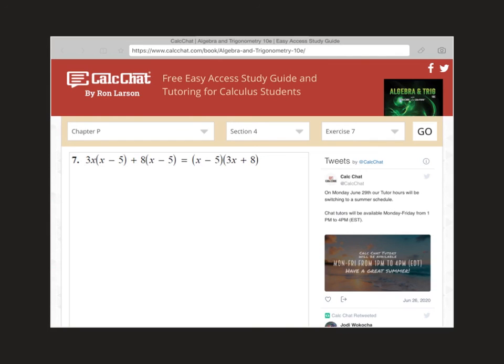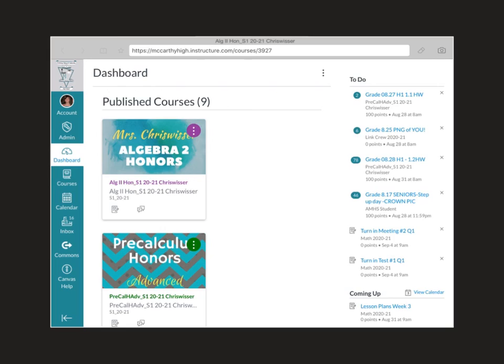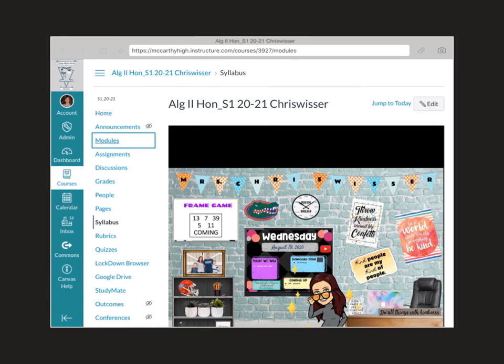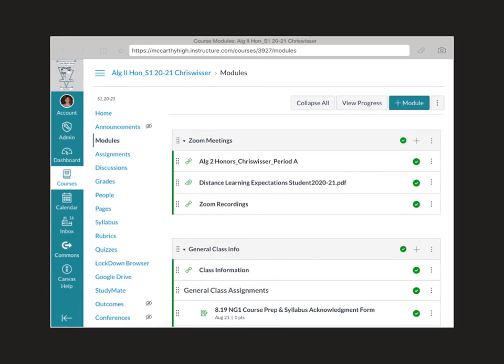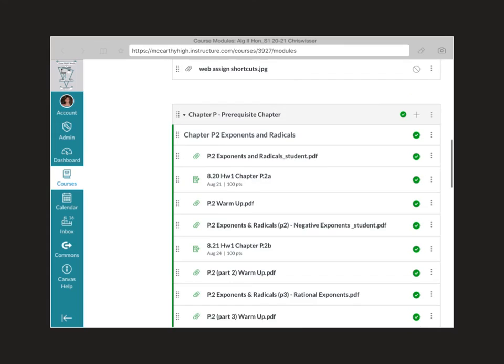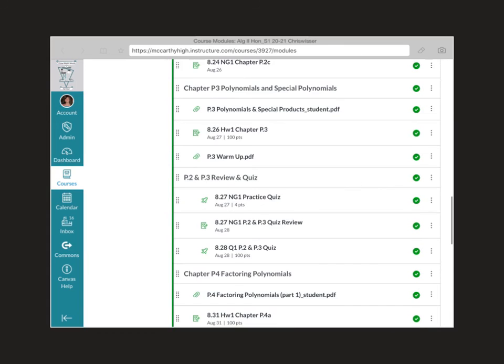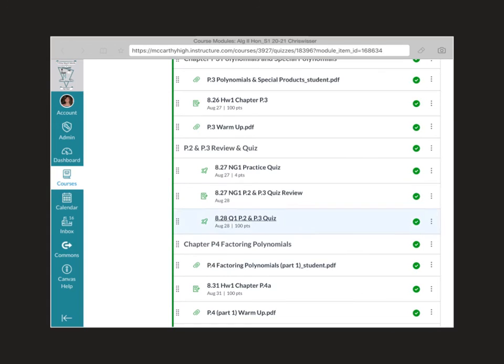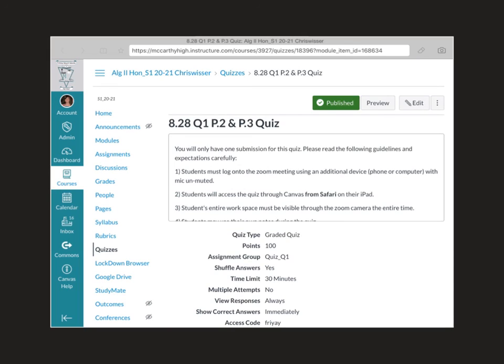That's one thing. And then the other is you should now see the feedback for your quiz. You can get to it a couple of different ways. If you just went to the module and you went to the quiz, or you go to recent feedback and you go to the quiz, both ways will get you there. You should be able to see your feedback now, meaning the right and wrong answers.